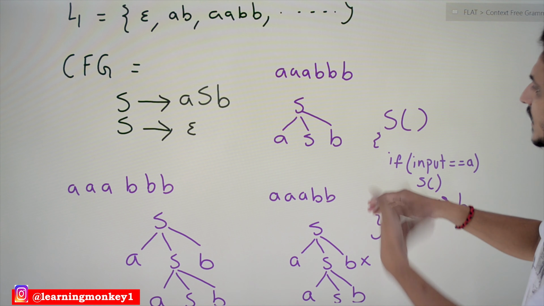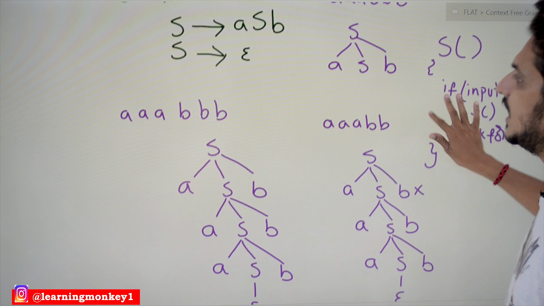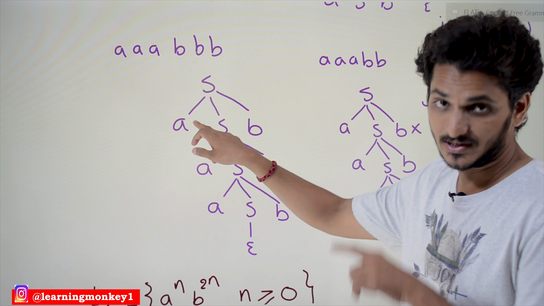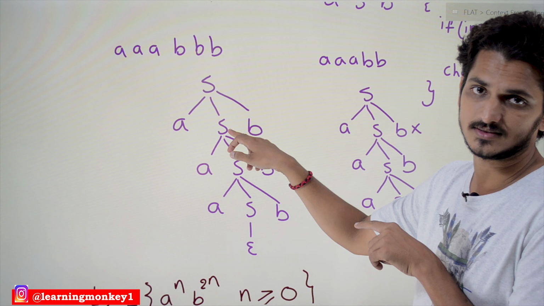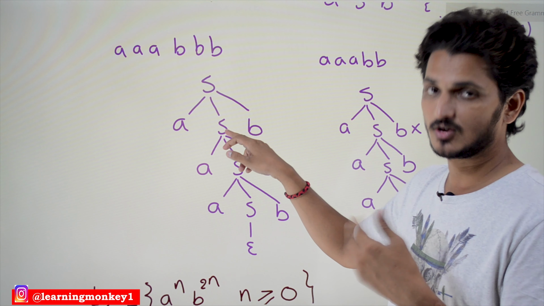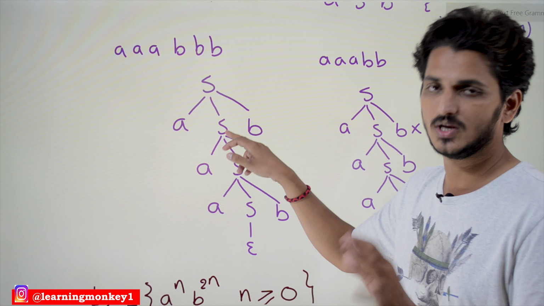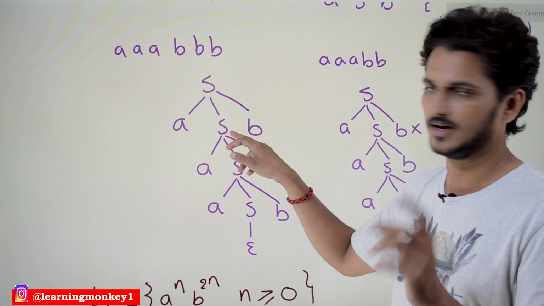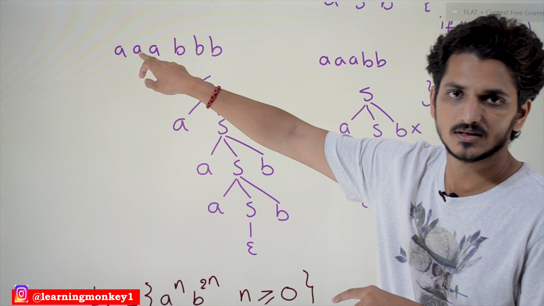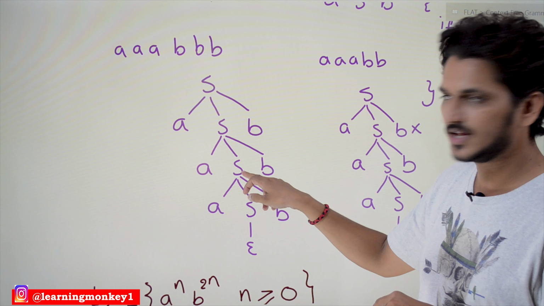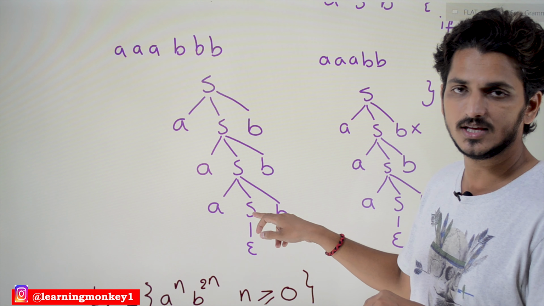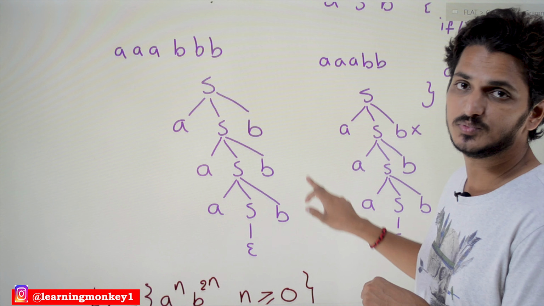Let's elaborate a little with this programmatic intuition. Let's take this example, a a a b b b, and you will get clarity. Check for input symbol a and again call S. Here, for understanding purposes, we say call function; usually we don't use that word. Again it checks a, the second a, and then calls S again. Again it checks a and calls S again. Now it takes the epsilon production.